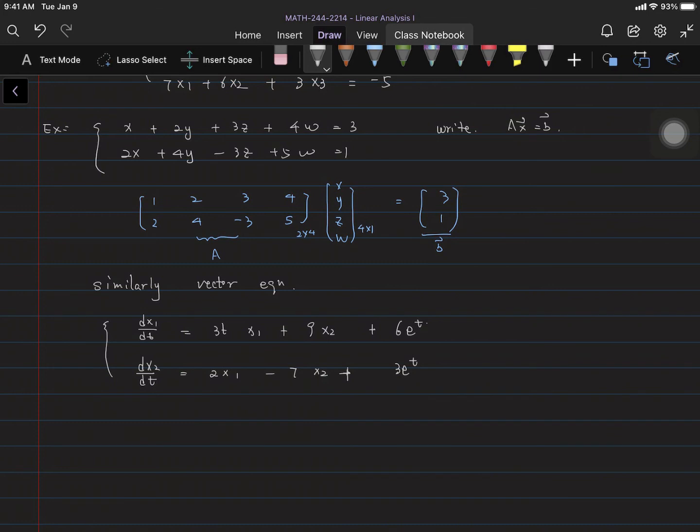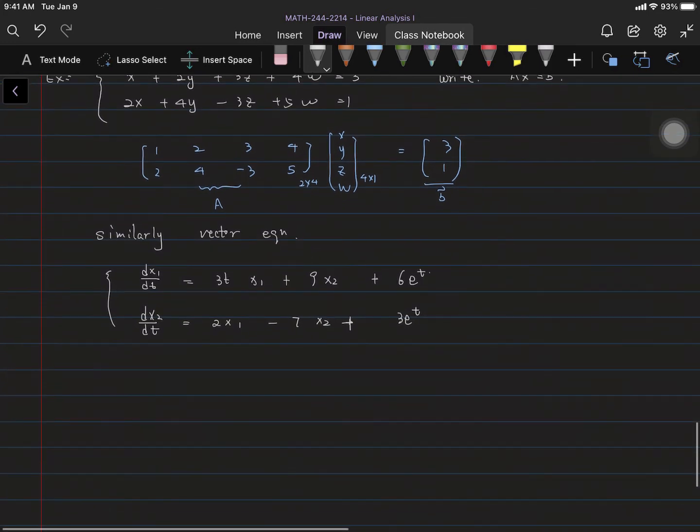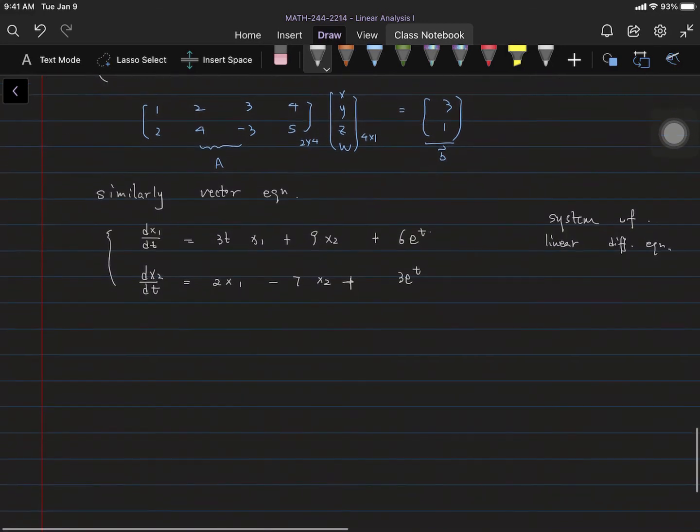For this one, we want to write this down as a linear system. This is a system of linear differential equations. So we have two unknowns, x1, x2, right? We want to write it in this way.